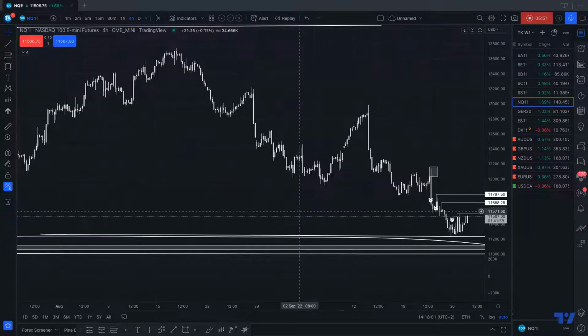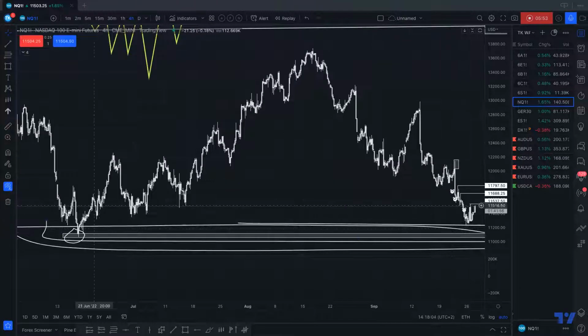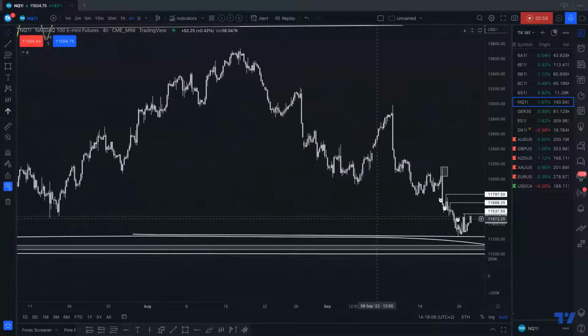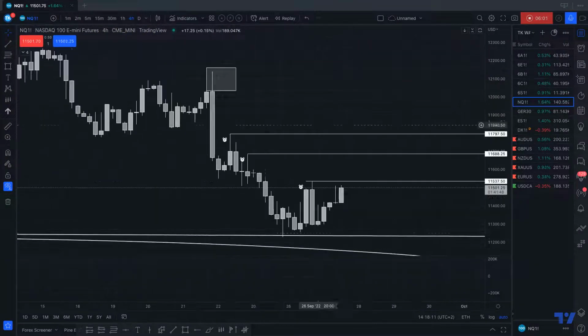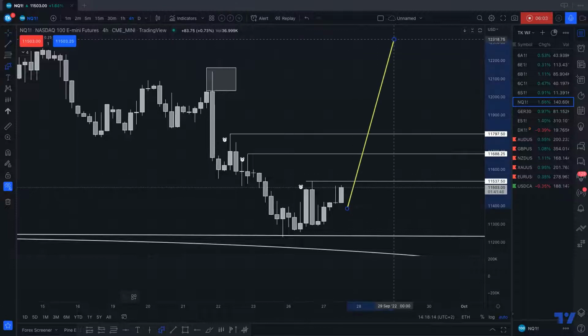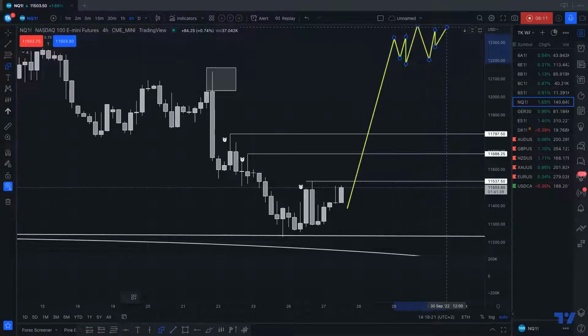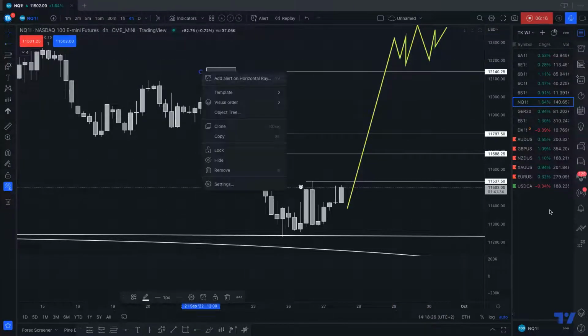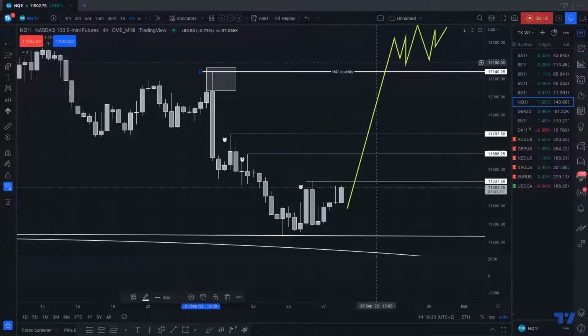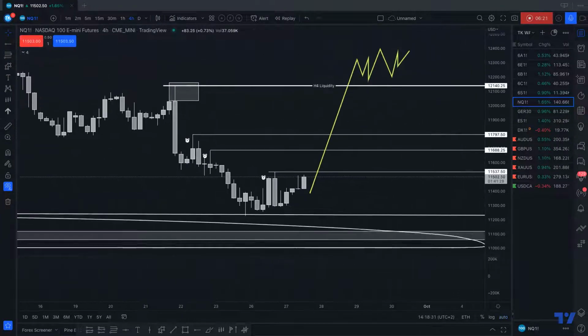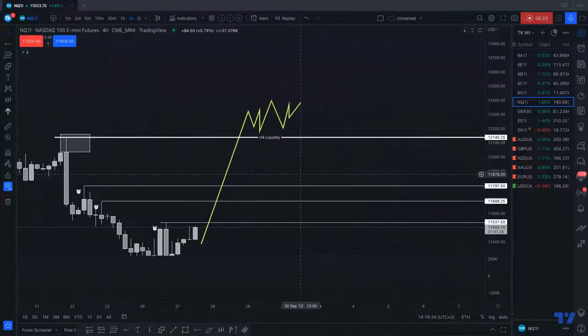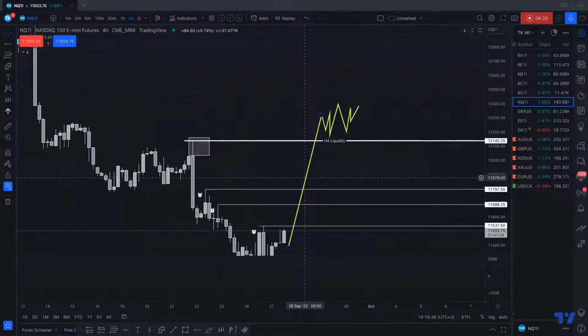Because for the first thing, as I told you, we are close to this minimum on a daily time frame. And then if I see a clear breaking of the structure, and if price starts to build something above these liquidity zones here, probably we are quite close to reversal.